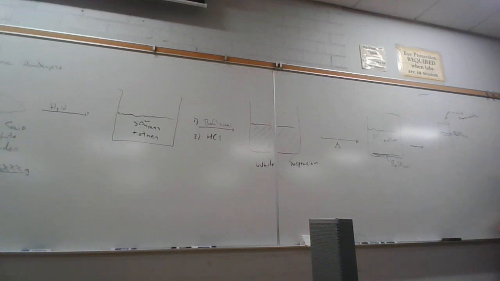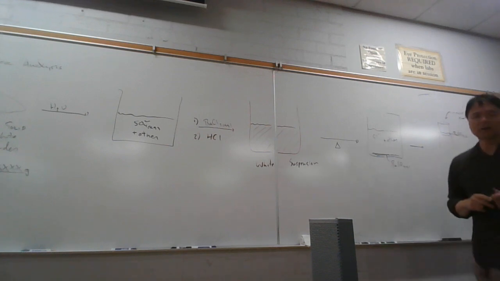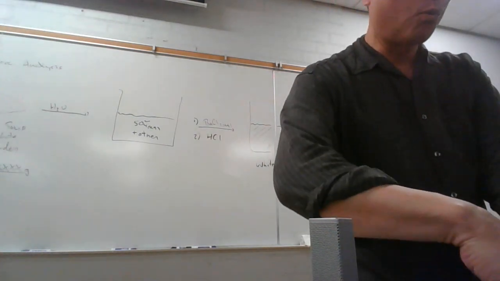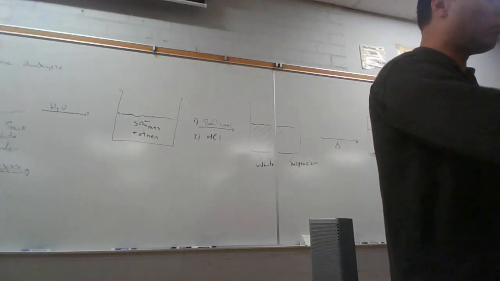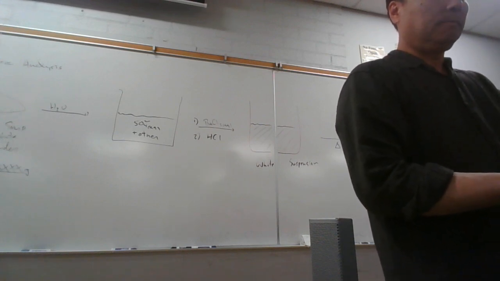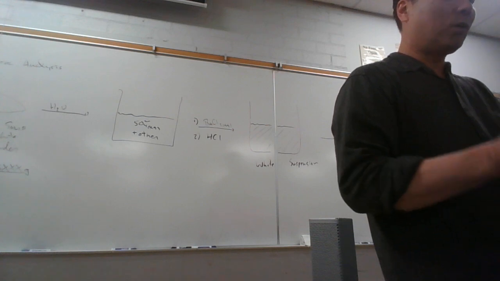So once we have that, then our barium sulfate is going to be wet with what? It's going to be wet with our wash solution. If it's wet with our wash solution, that's fine.